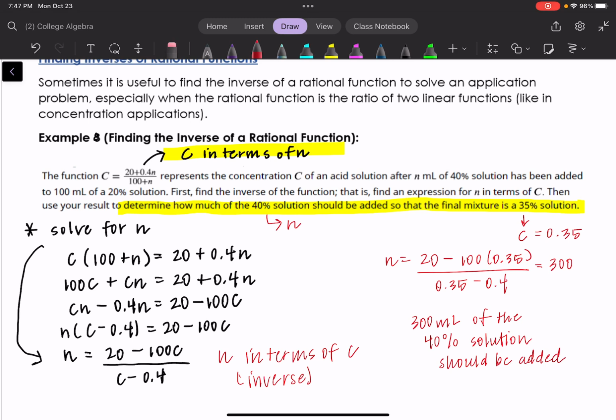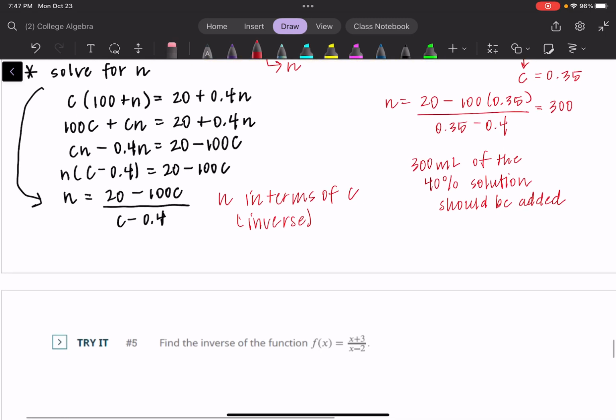Let me double check that. Let me double check and make sure that I did that correctly in my calculation. So this would be 20 minus 100 times 0.35 divided by 0.35 minus 0.4. Yep, it's 300. Okay, I was worried that it might have been 30. I just wanted to double check. Always a good idea. So that is that.